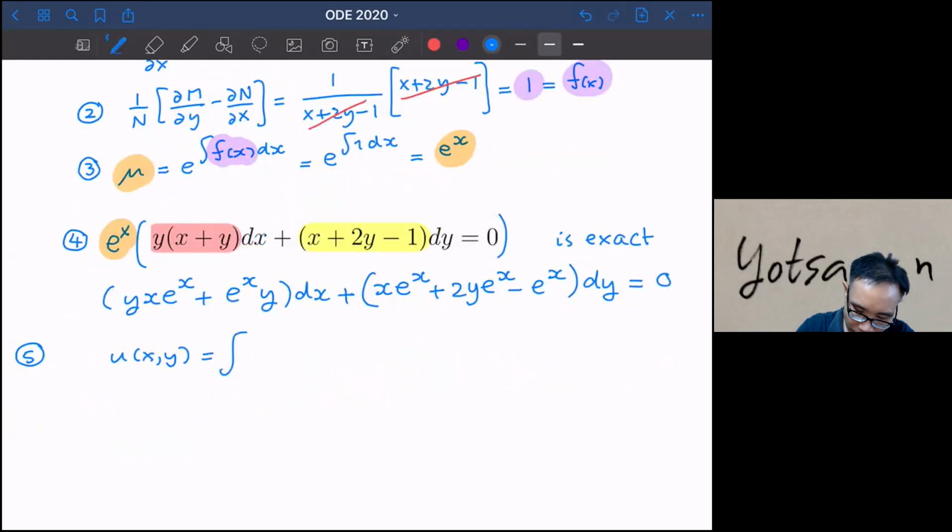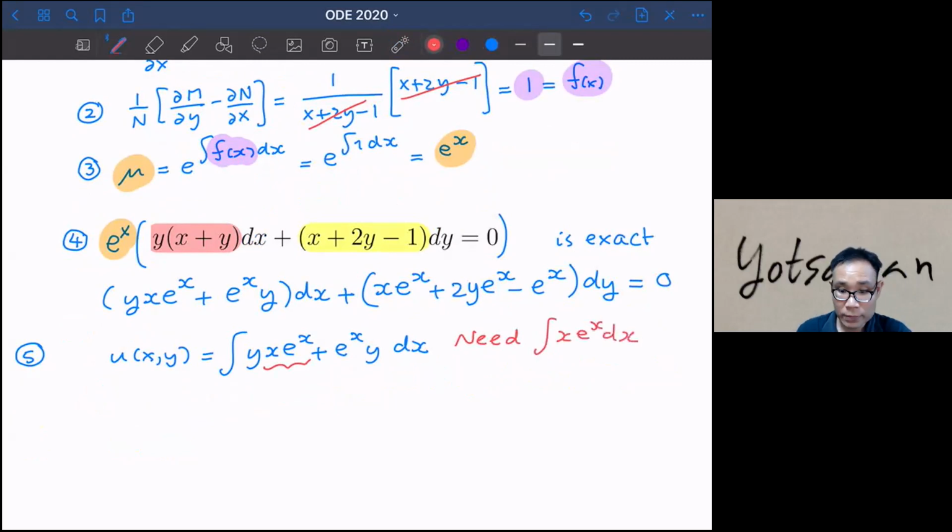So you integrate y x e to the x plus e to the x y dx. When you integrate this, you need to integrate x e to the x dx. And this one is going to be by parts, which we had last semester.